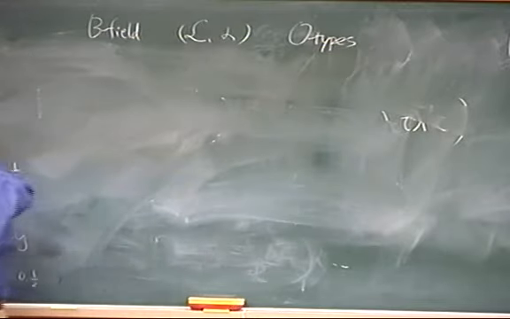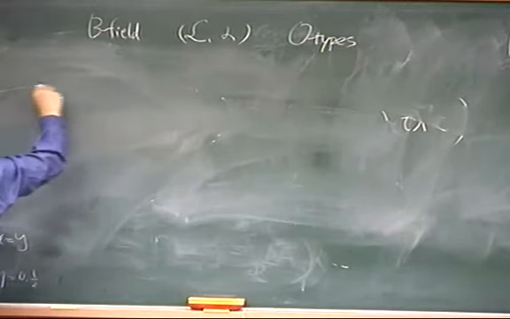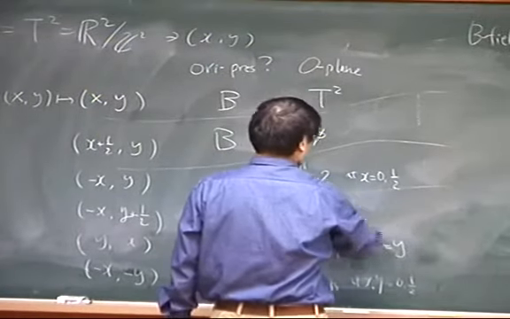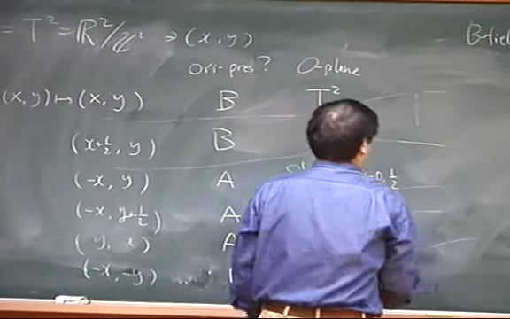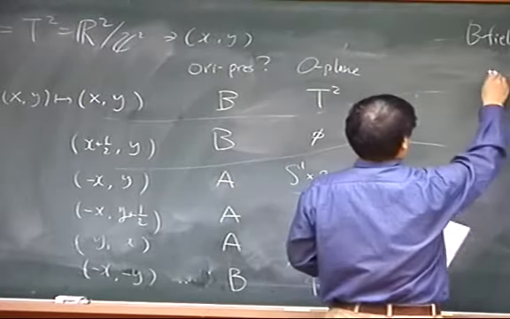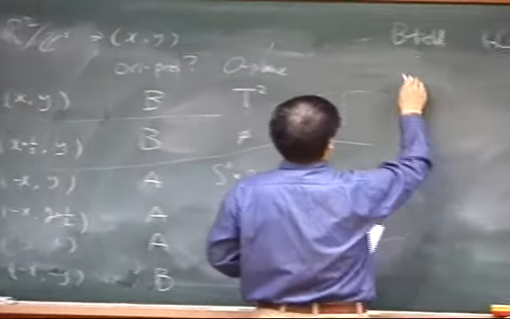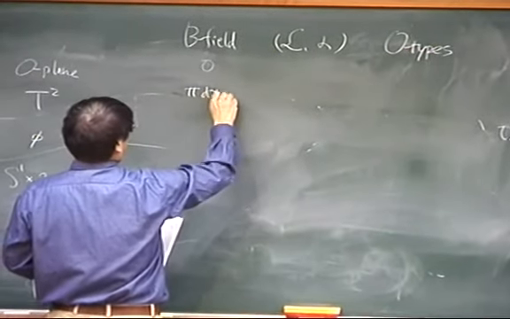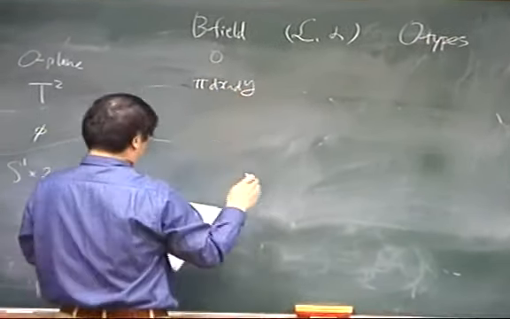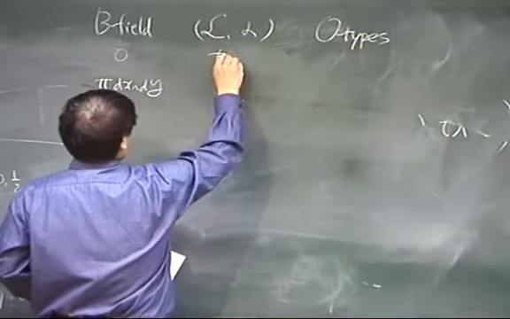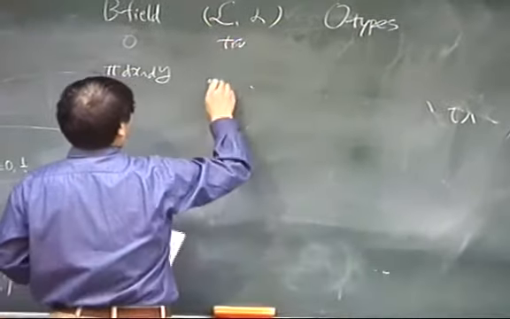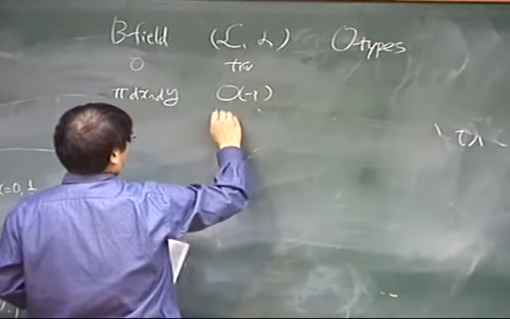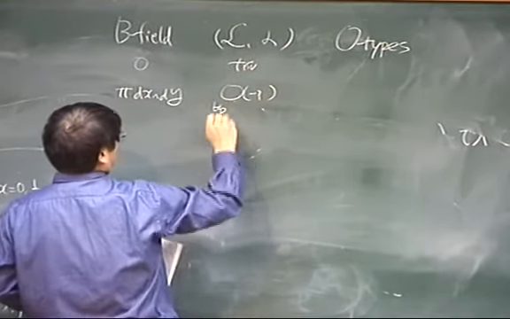For this, it is either 0 or pi dx dy, and it is trivial, and this is O minus p, with p anywhere, for any p.